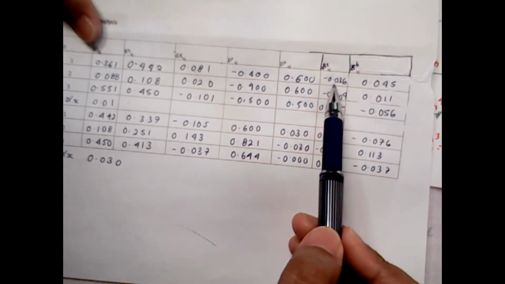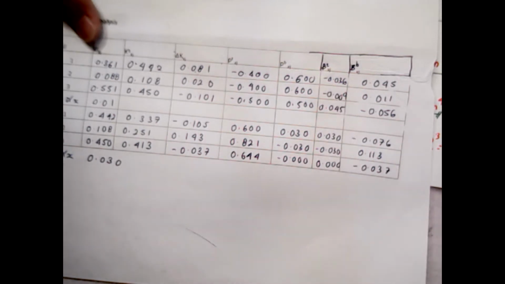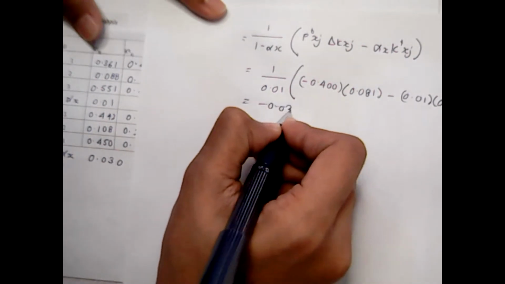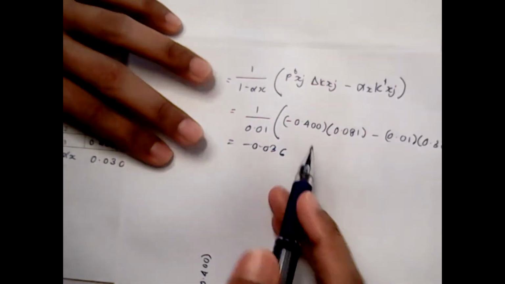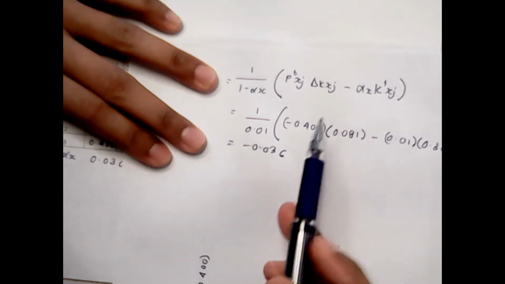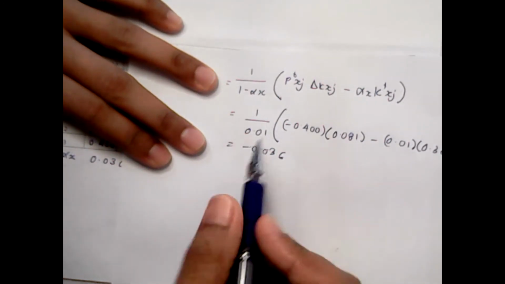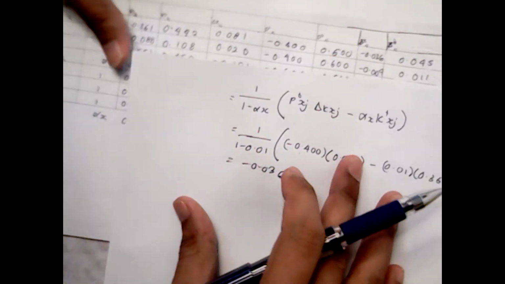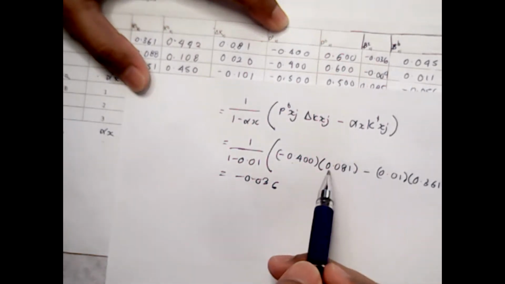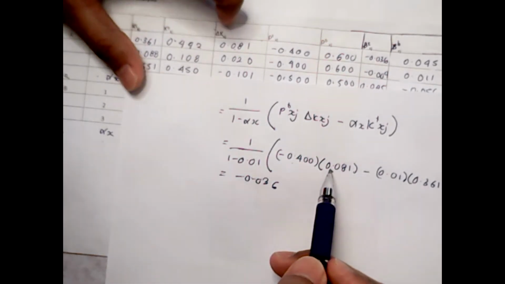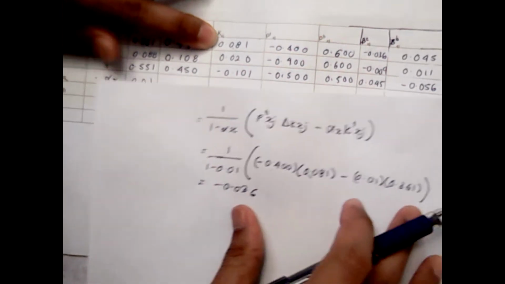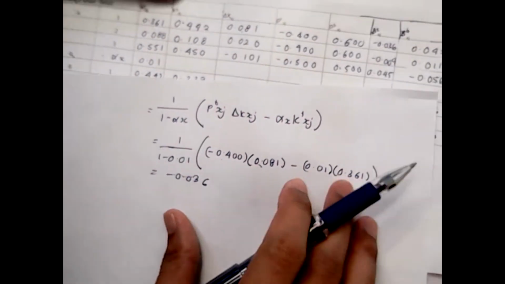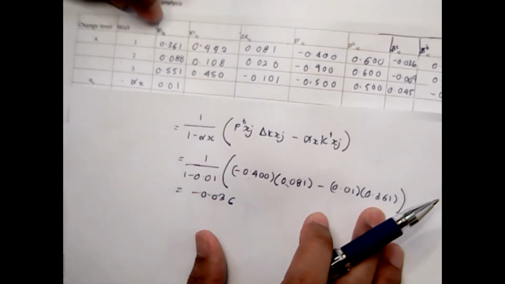The first one: how do you get negative 0.036? You take these equations and substitute alpha, 1 minus alpha, and then this is the PTXJ value, and then you get 0.081, which is the difference here. Alpha x again is 0.01, and 0.361 is the top value.